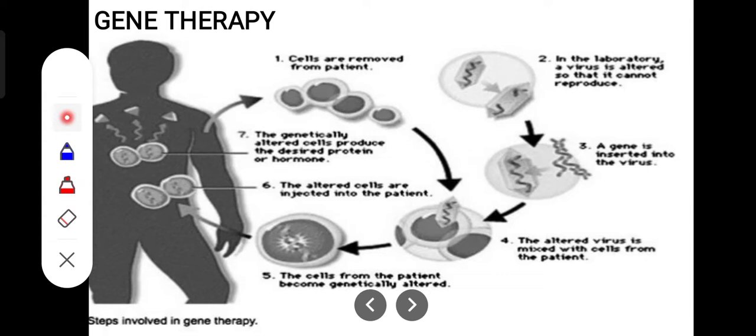So, we also have four approaches in gene therapy. First is a normal gene inserted to compensate for the defective gene. Abnormal gene replaced with a normal one. Abnormal gene repaired through selective reverse mutation and change the regulation of gene pairs.